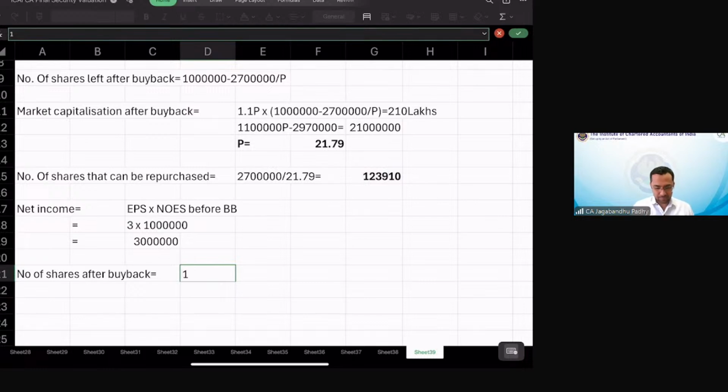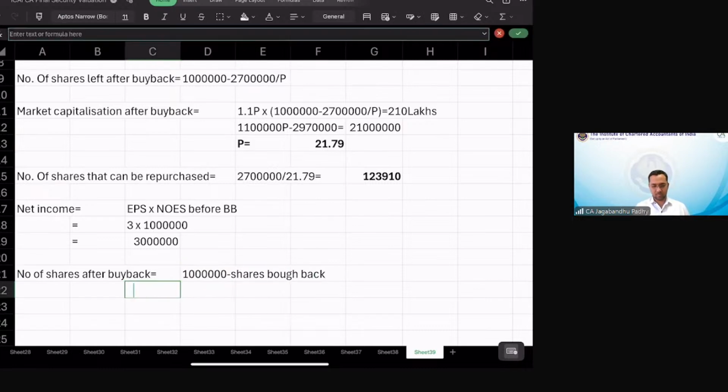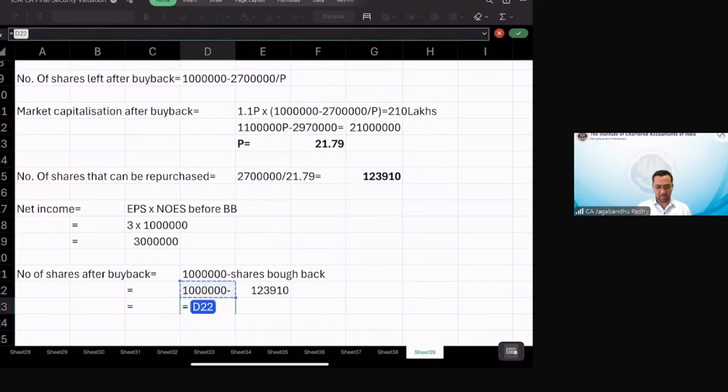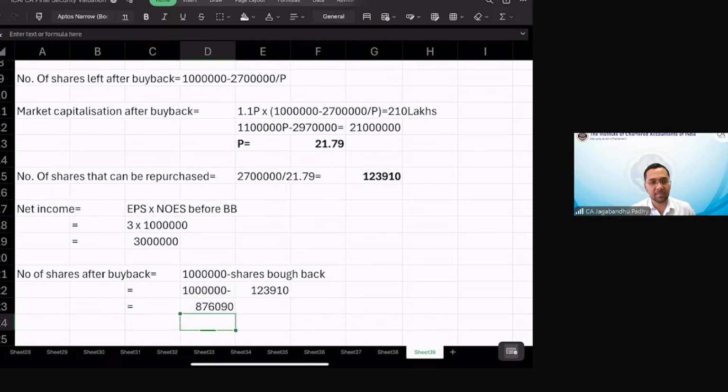So it will be 10 lakh minus the shares bought back, which is 10 lakh minus 1,23,910, giving 8,76,090. This is the number of shares that we have after buyback.